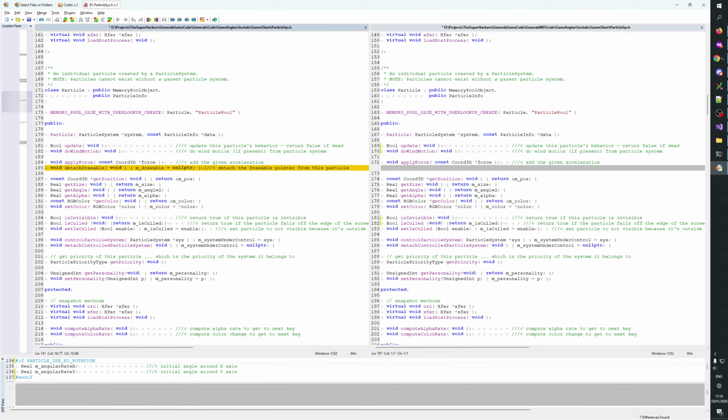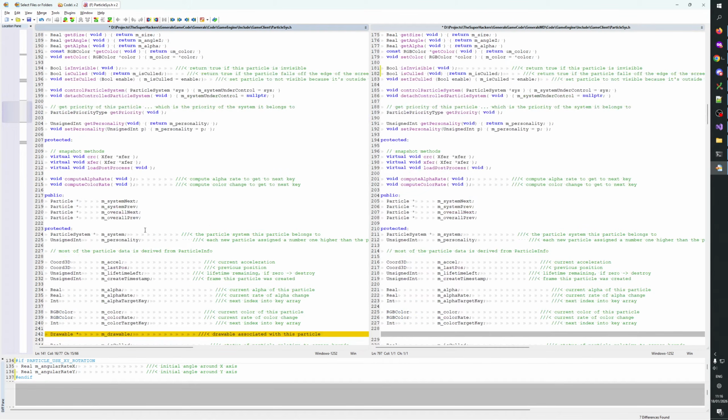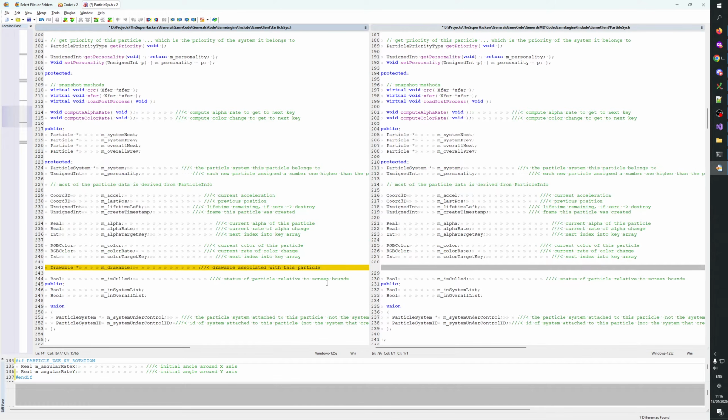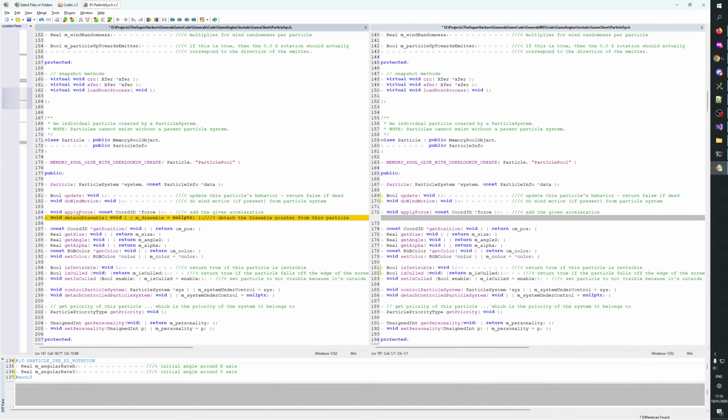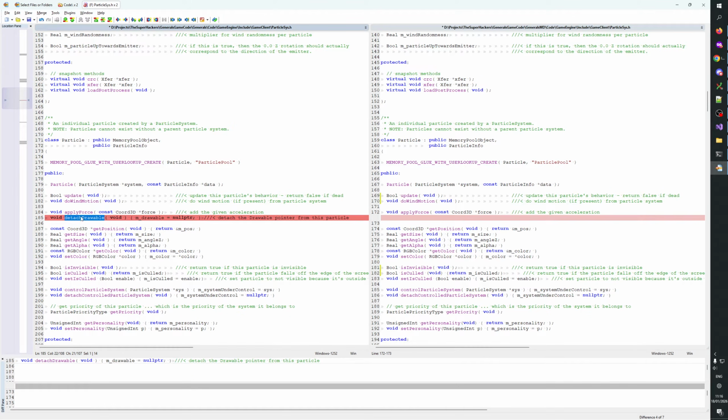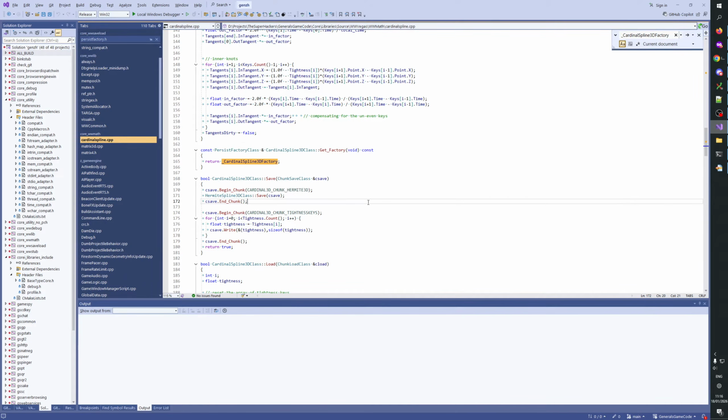Oh, this was removed. Detached drawable. Aha. Drawable associated with this particle. Okay, was this never used? Or let me search for that.